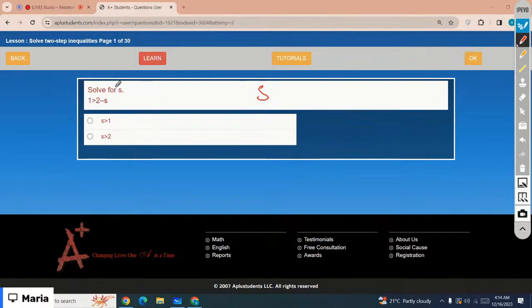That is, 1 is greater than 2 minus s. s is negative. Move s to the other side, right? When you move s to the other side, it would be positive. Now we need to move that 2, so that would be 2 minus 1. So s is greater than 1. The correct option is... okay. So the solution is s is greater than 1.